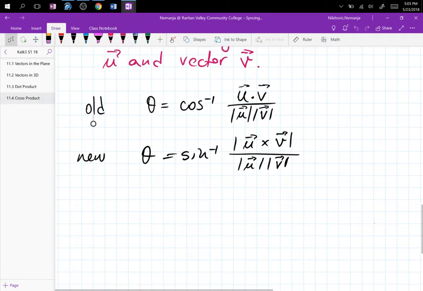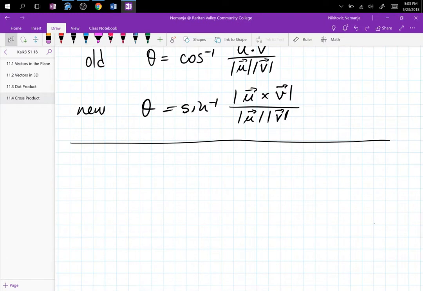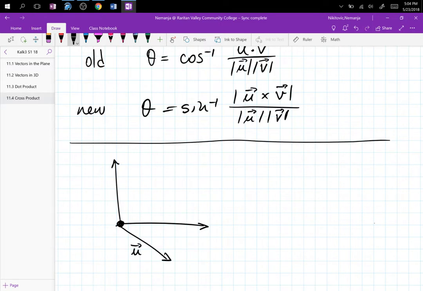All right, so let's talk more about vectors. So if I have two vectors, u and v, then the vector that sticks up perpendicular to both of these is vector u cross v.